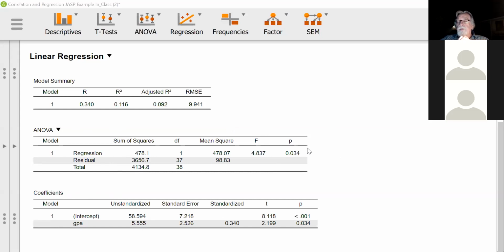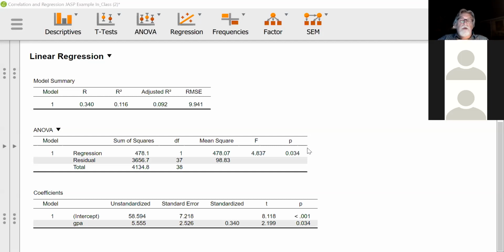So how do you interpret that? You say that there's roughly less than a 5% chance, 0.034, that if we predict post-test score based on GPA, that the values will fall outside of a particular range.